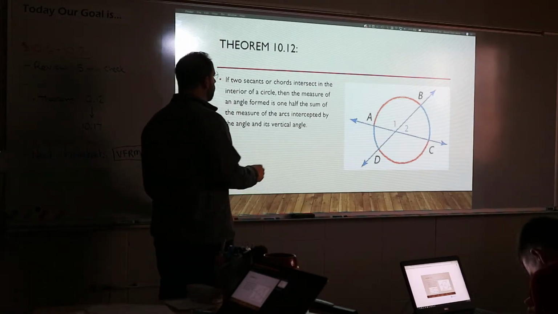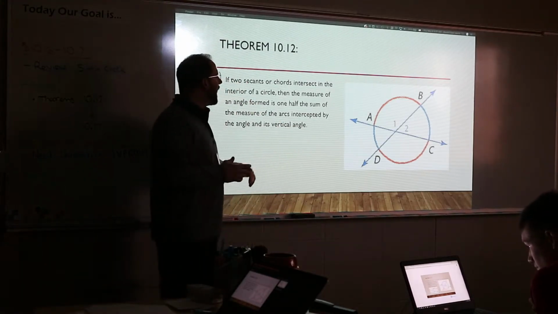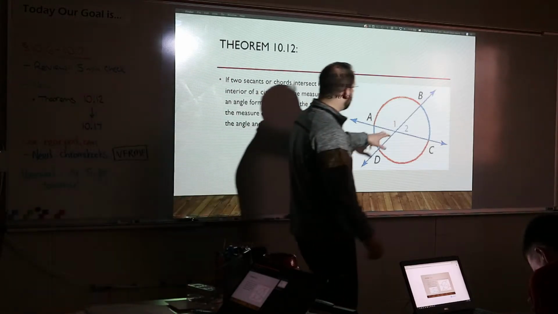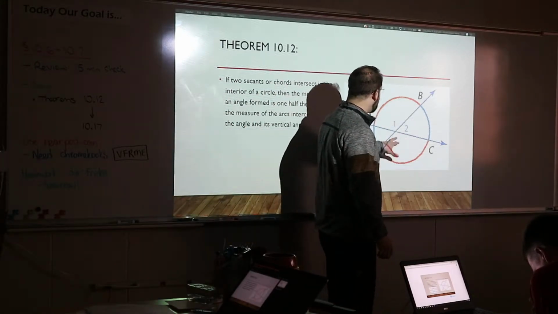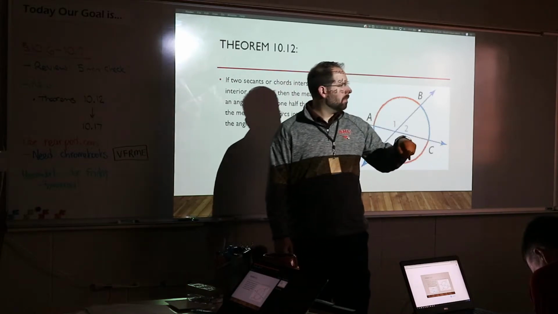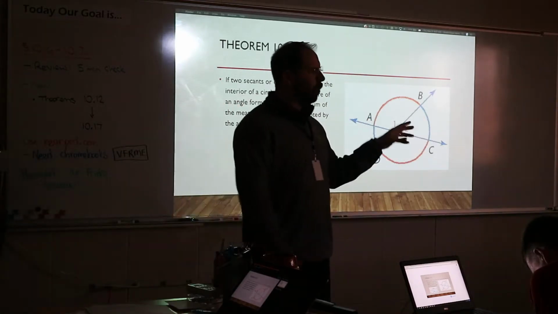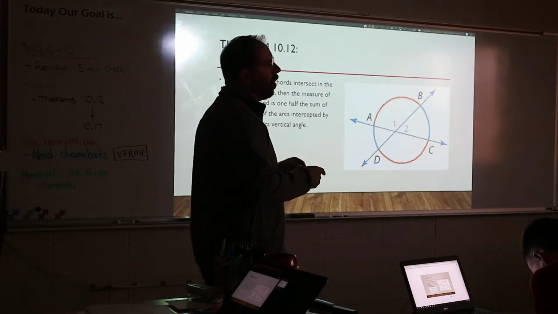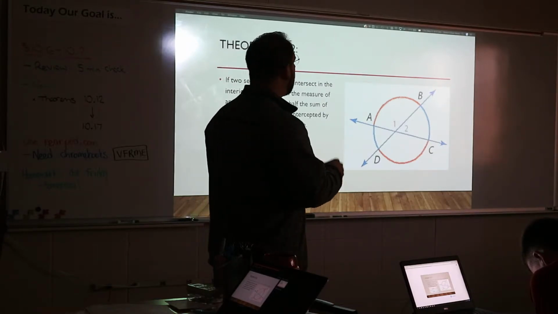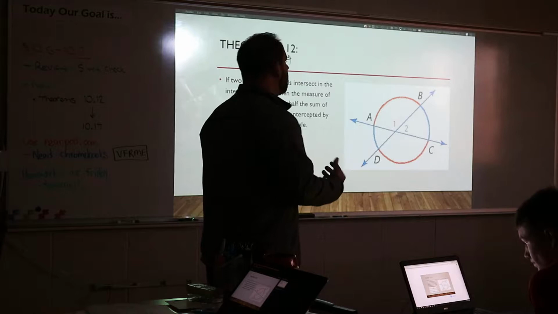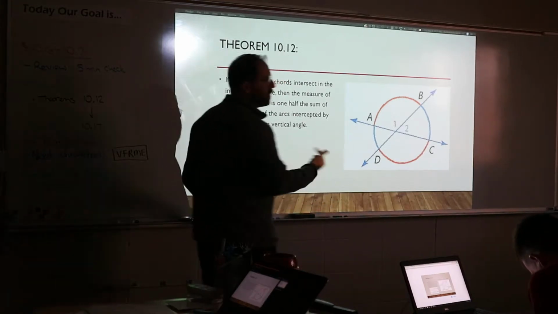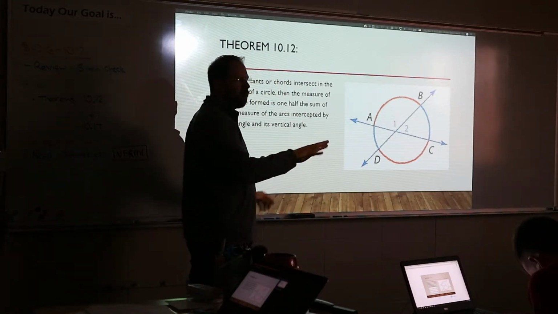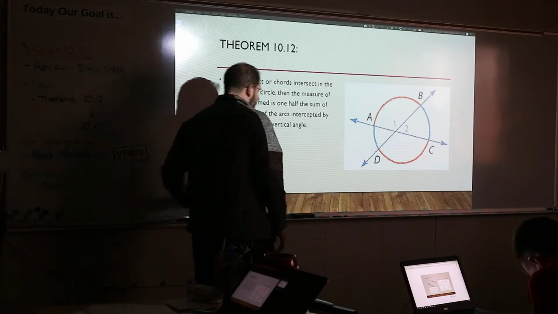What this theorem says is that the angles formed in the middle, where these things actually cross, you can actually find them. This picture has angle 1 and 2, and angle 1 is related to the arc that it looks at. The problem is angle 1 is actually looking at two different arcs. They color code to make it pretty.